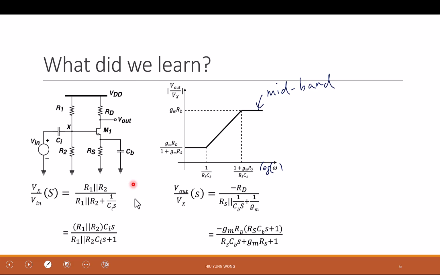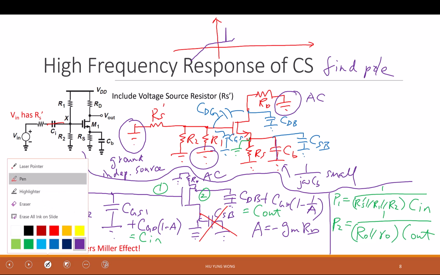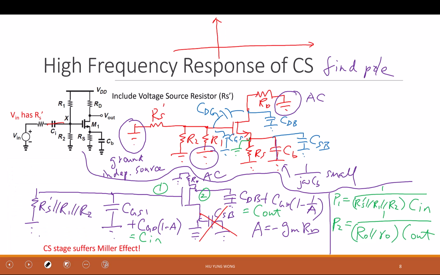Do you see that? 1 zero, 1 pole, and it becomes the midband, right? You hope that it can go forever, but unfortunately it does not, because now you have this high frequency capacitor. You hit one pole here, and later you hit another pole.